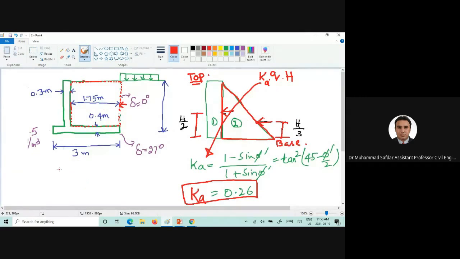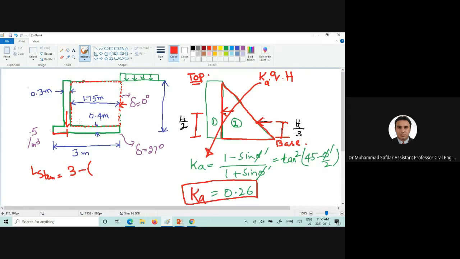Just to explain here, I would say the lever arm for the stem would be equal to 3, which is the width of the retaining wall. Now you can see that here is the backfill, so we need to find out the lever arm, or this distance, which is in the middle of the stem.